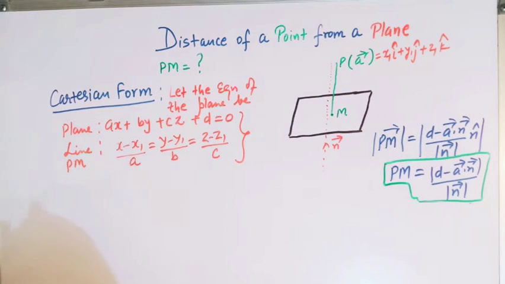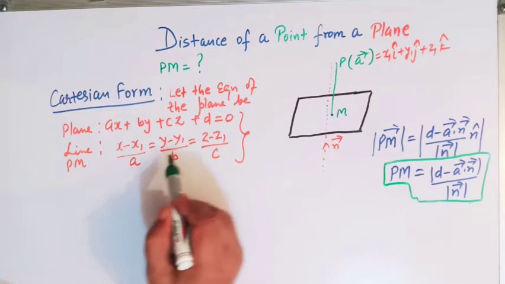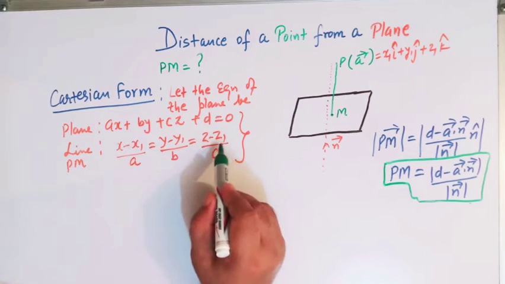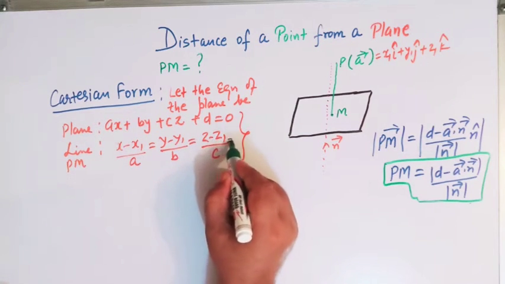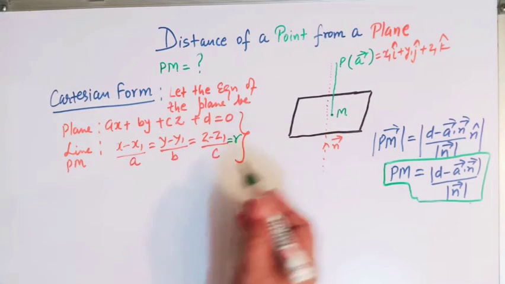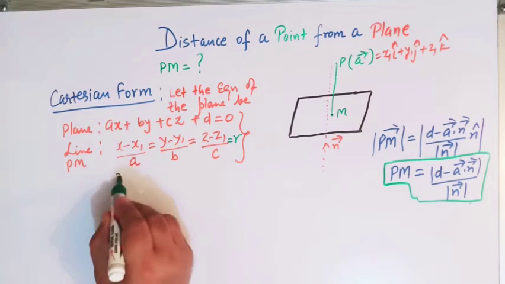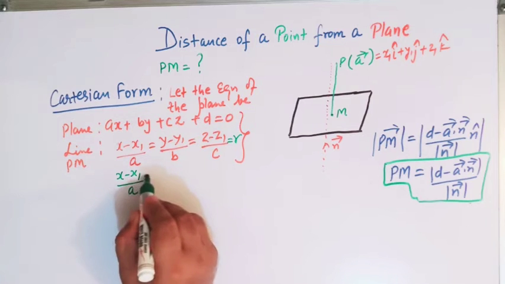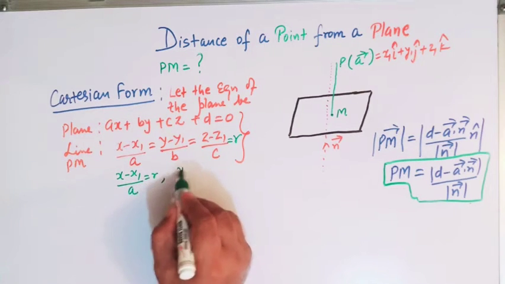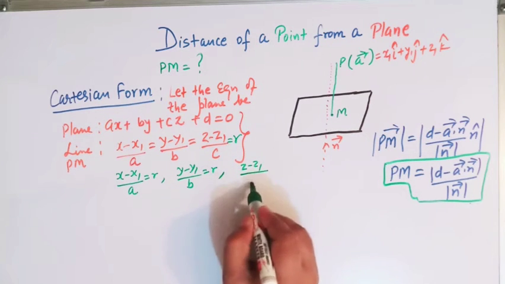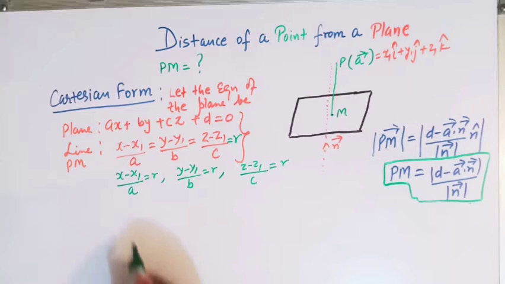Now let us suppose that (x - x1)/a = (y - y1)/b = (z - z1)/c = r, where r is some scalar. So we have (x - x1)/a = r, (y - y1)/b = r, and (z - z1)/c = r.